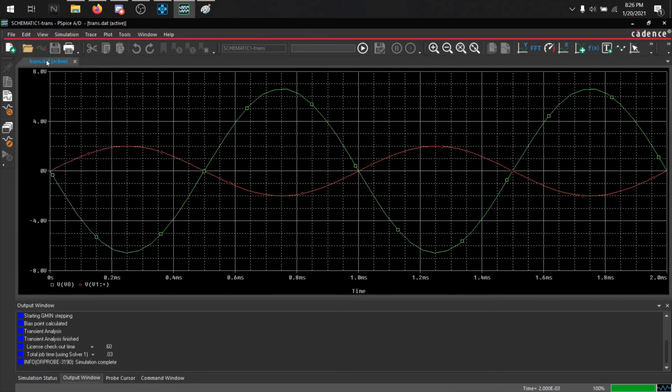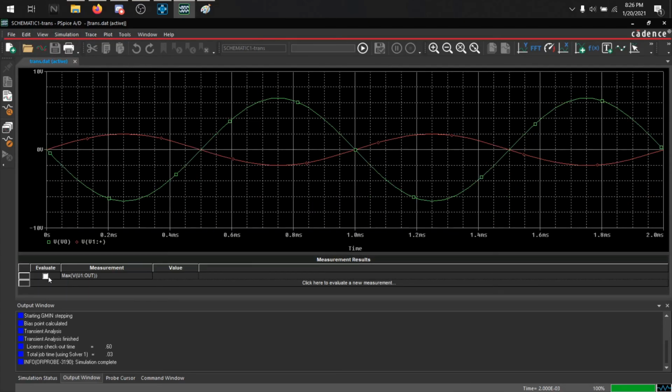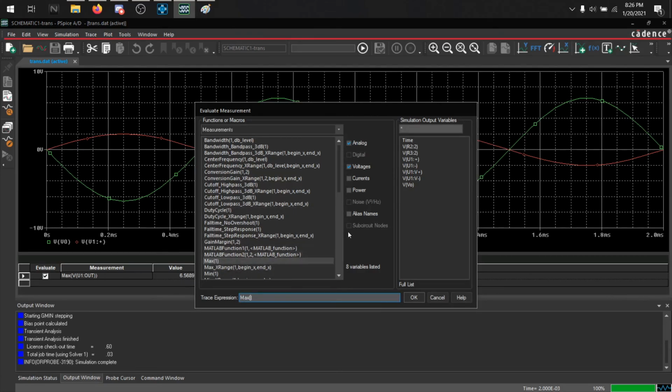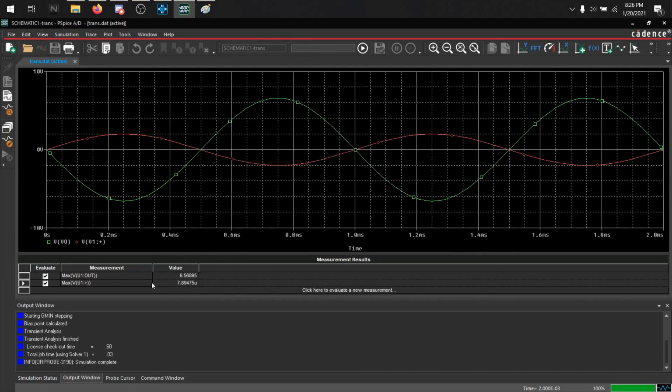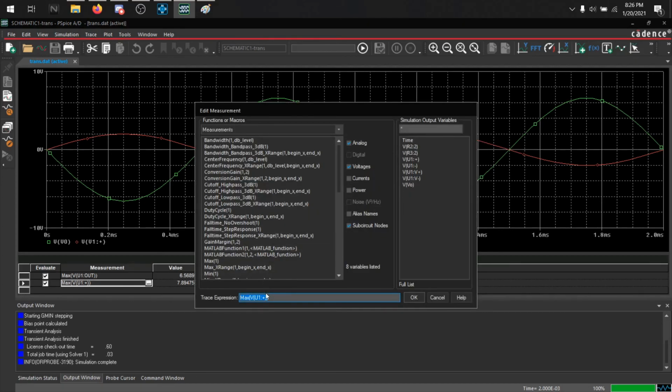So if we go to measurement, turn that on, it's 6.56. And if I do the maximum of this one, nope, picked the wrong one. So max. Wait, why wasn't that?